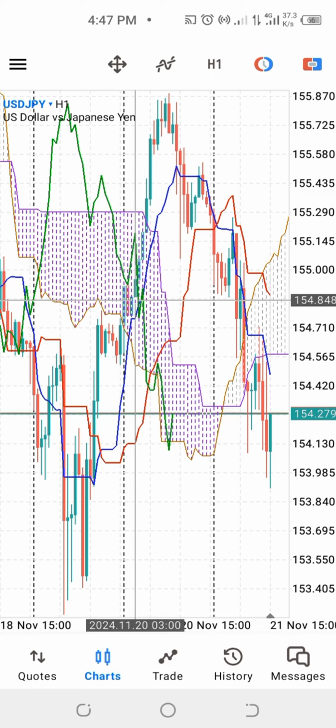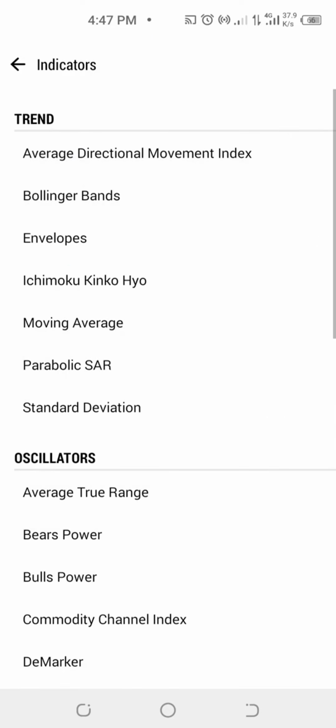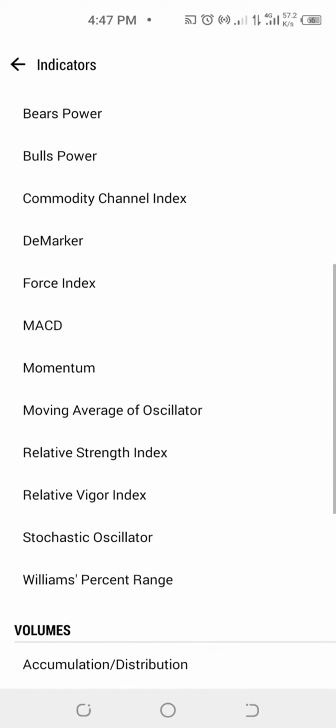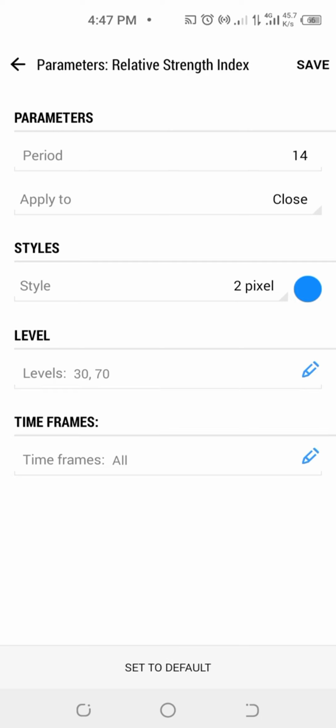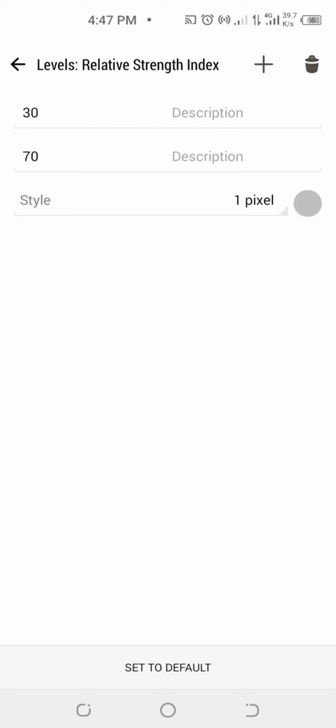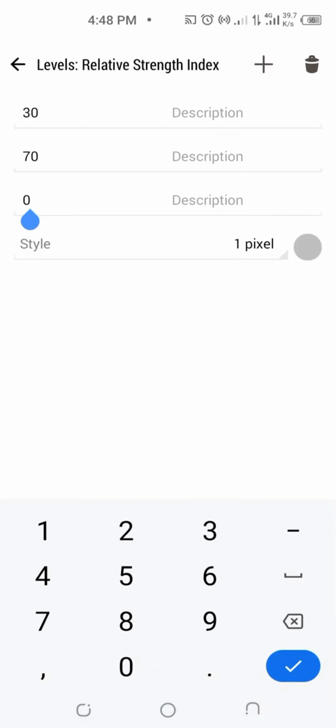The next indicator we're going to be adding is the relative strength index, also for short called the RSI. So let's move over to adding our relative strength index. So this is our RSI. Then I'm going to add one level, level 50, to the RSI.